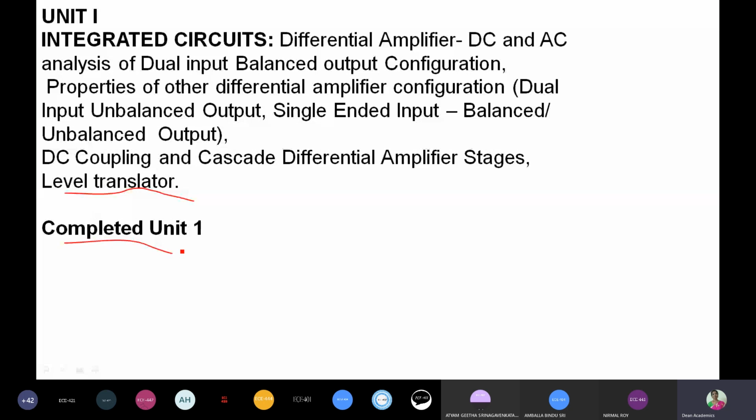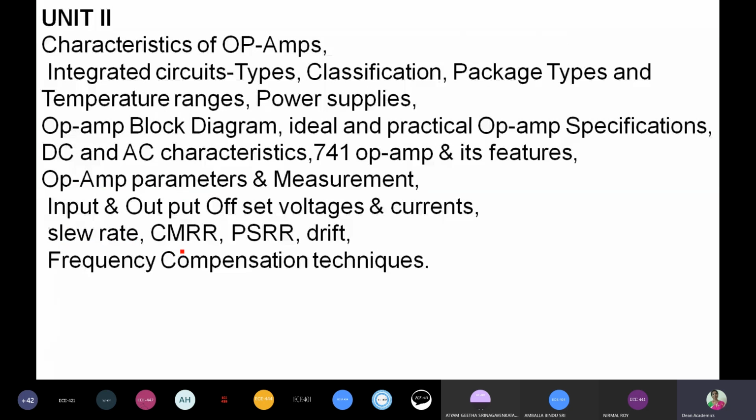Otherwise, if no recap is required, tomorrow I will start unit 2. In unit 2 also, integrated circuits, types, classification, packages, temperature ranges, power supplies, all these we have studied already, so that is also like a recap only. So tomorrow we shall start unit 2 if possible, right?